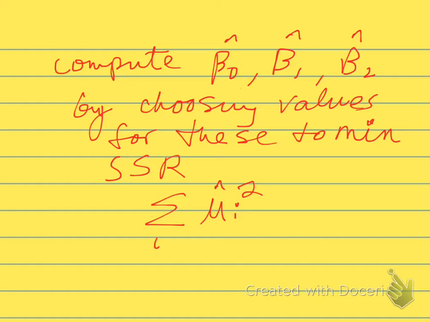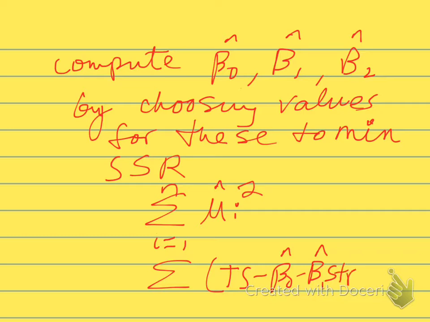So that's the sum from i equals 1 to n, which is the same as the difference between the test score and beta 0 hat minus beta 1 hat times the student-teacher ratio minus beta 2 hat times the English language percent, and all that squared. So these two are equivalent; they're the sum of squared residuals. That's, I think, about it for interpreting these coefficients and thinking about these coefficients.